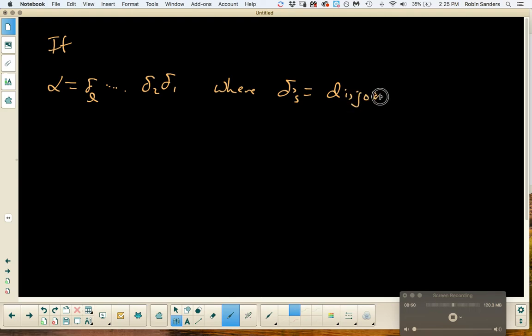So if we have alpha written as, say, delta 1, delta 2, all the way up to delta L, where the deltas are disjoint cycles, then it turns out that to get alpha inverse, all you have to do is reverse each one of the cycles in turn.